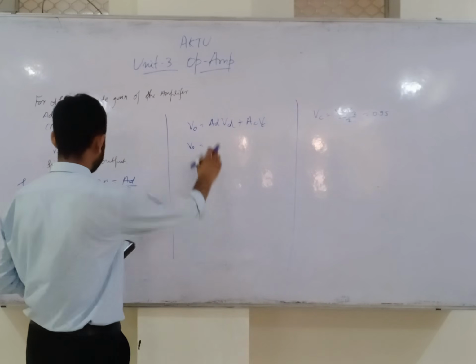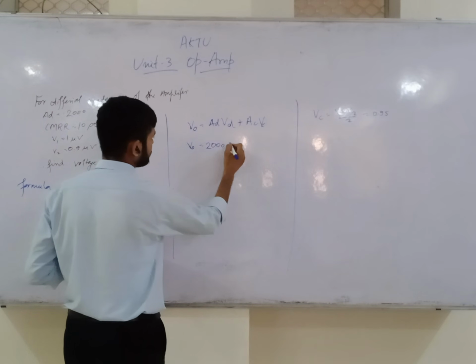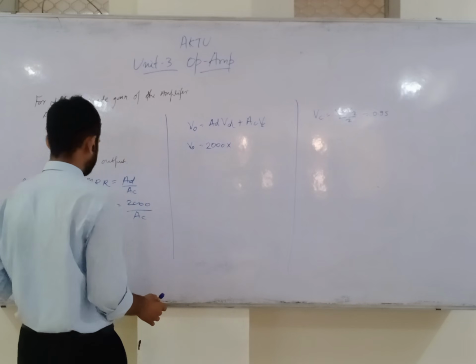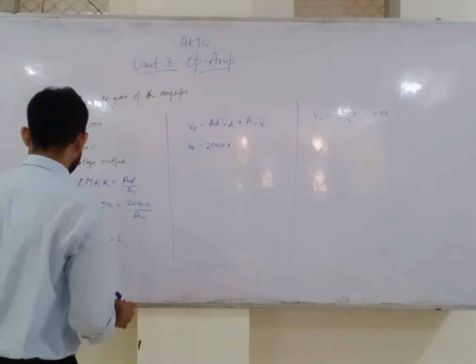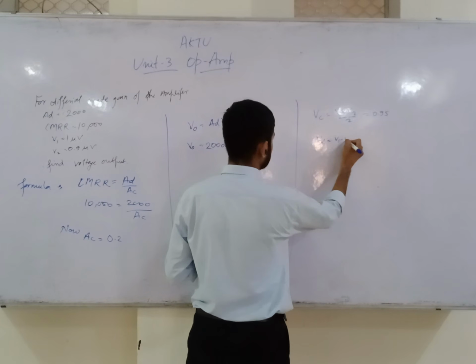AD is equal to 2000. Now multiply by VD. VD is the difference, V1 minus V2.